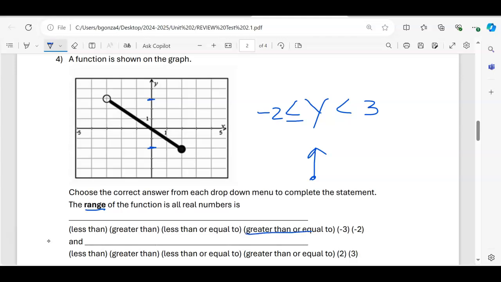So greater than or equal to, and that first number is negative 2. And the other one is going to be less than with no underline, so just less than positive 3. Right?